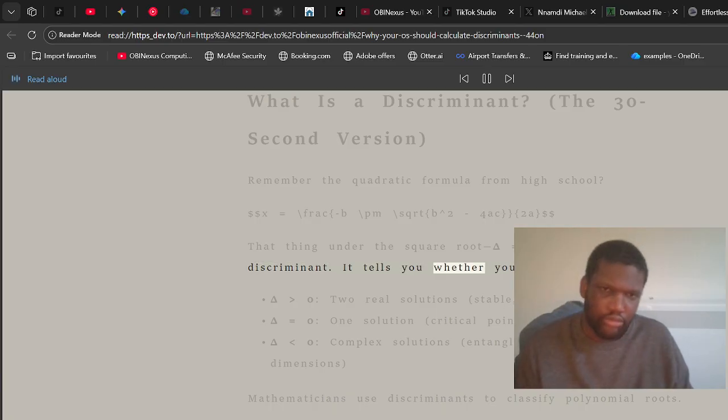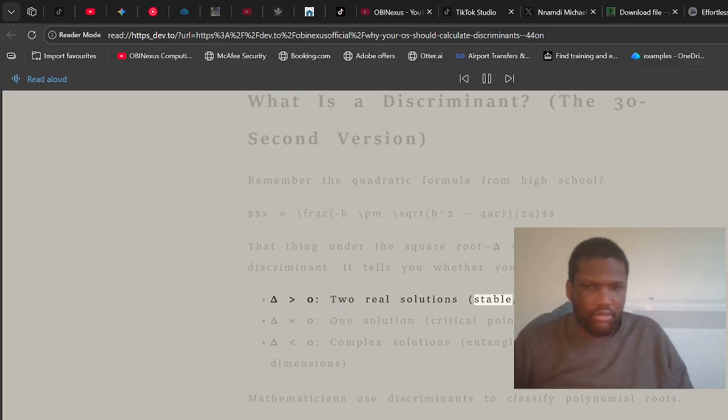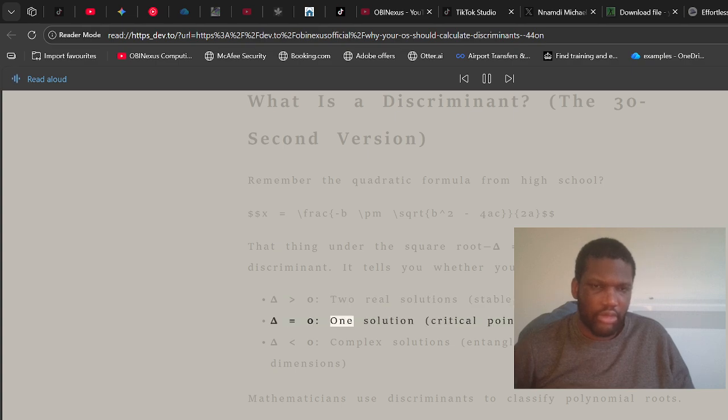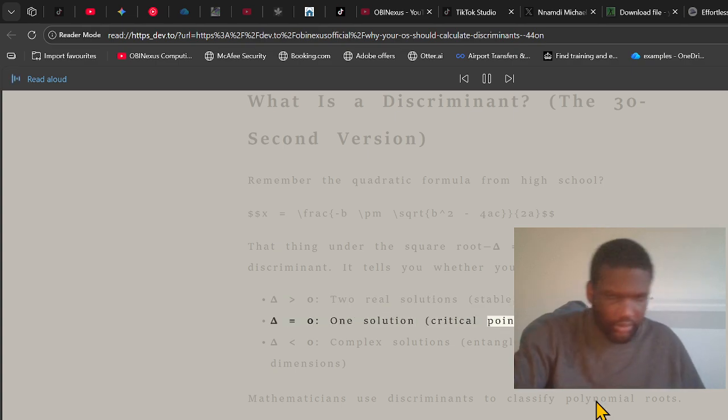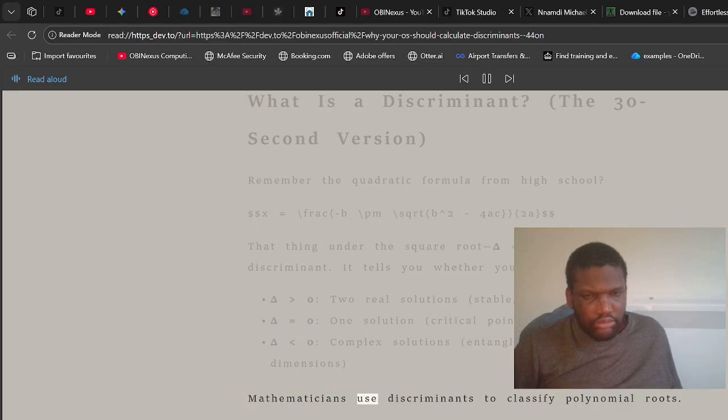It tells you whether your equation has: Δ > 0, two real solutions, stable, separable. Δ = 0, one solution, critical points, touching. Δ < 0, complex solutions, entangled, requires higher dimensions. Mathematicians use discriminants to classify polynomial roots. Physicists use them to detect phase transitions.